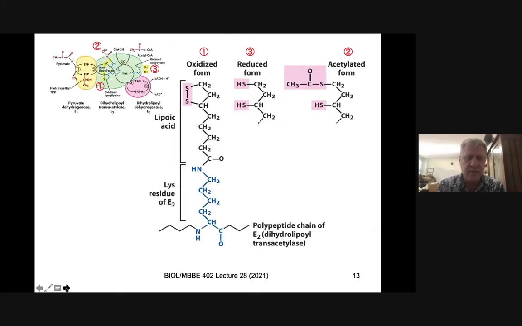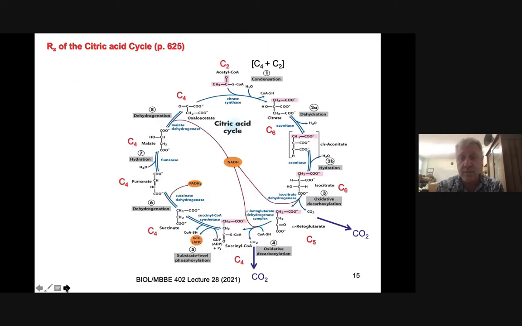So again, just a little bit of a summary in regards to what we're talking about today, and also having to understand clearly where the carbons are going in this particular pathway. So again, going from acetyl-CoA to citrate to isocitrate through cis-aconitate, and then going to alpha-ketoglutarate from isocitrate, to succinyl-CoA to succinate to fumarate to malate to oxaloacetate.